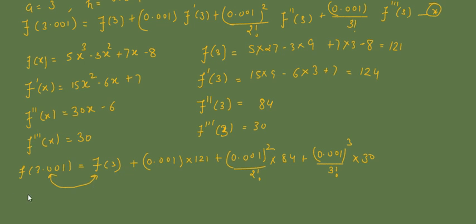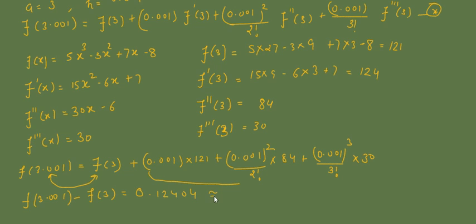Now compute f of 3.001 minus f of 3, and from the right hand side, if you simplify this expression, you will get 0.12404.